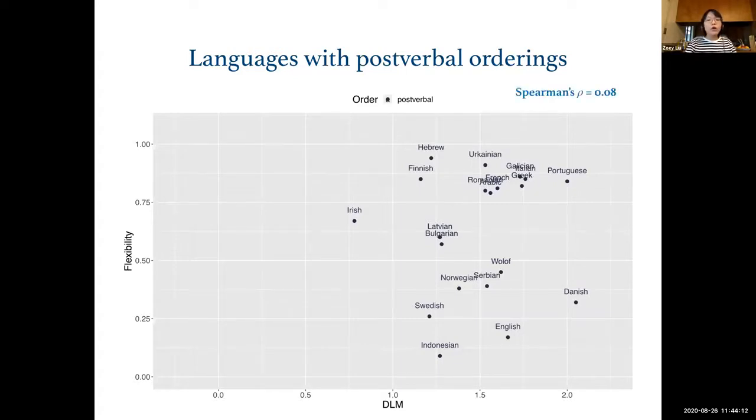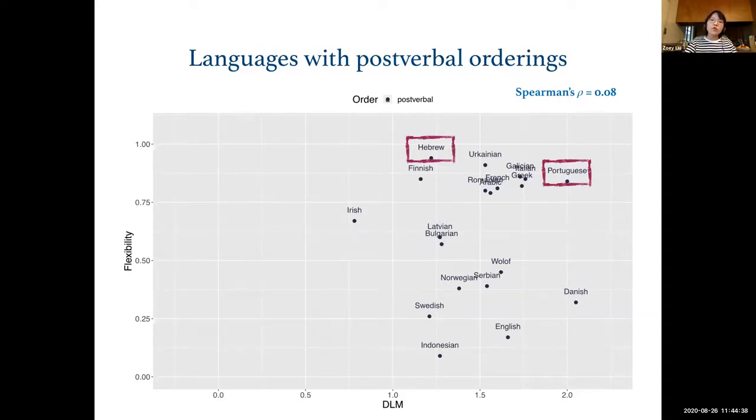But I do want to draw your attention to two languages in particular here, Hebrew and Portuguese. There's a long-standing notion in the literature on syntactic typology where people have argued that there is a correspondence between flexibility and case marking, in the sense that languages with richer case markers tend to be more flexible, and vice versa.